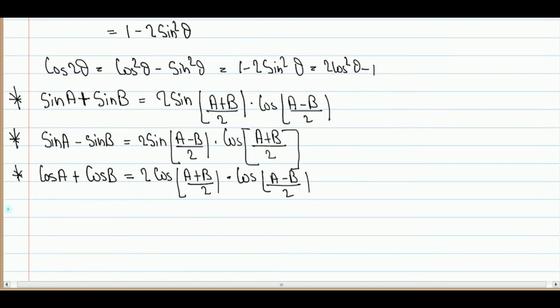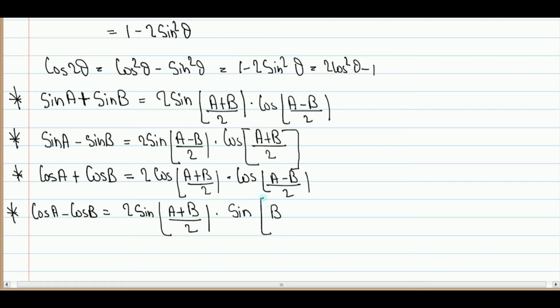And the final one which you have to remember is cos a minus cos b, and it will be equal to 2 sin a plus b by 2 into sin b minus a by 2.